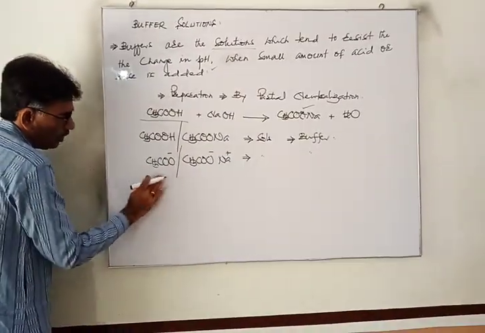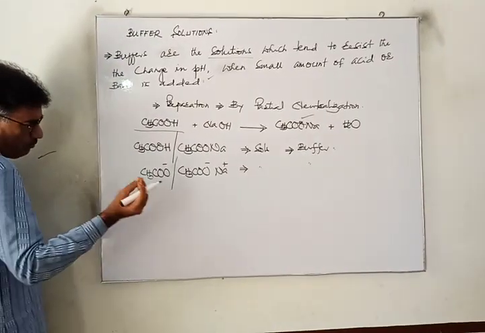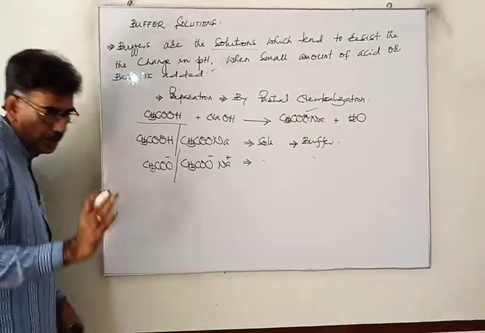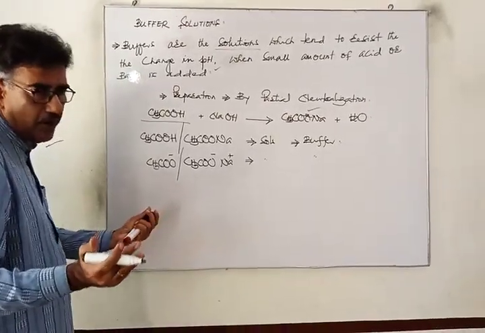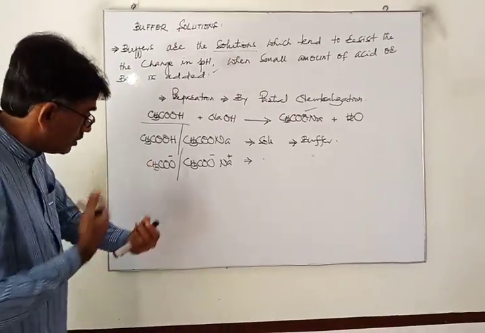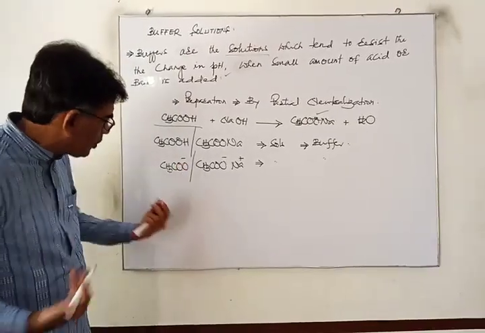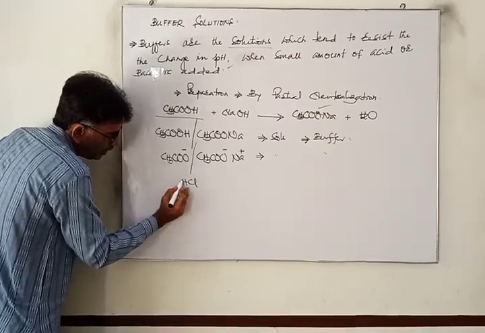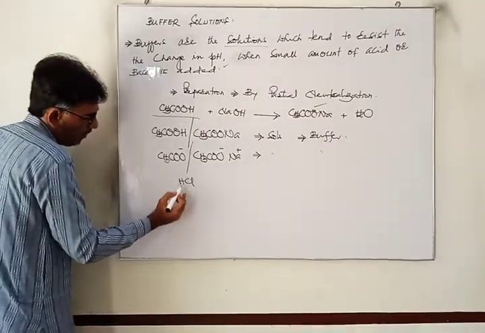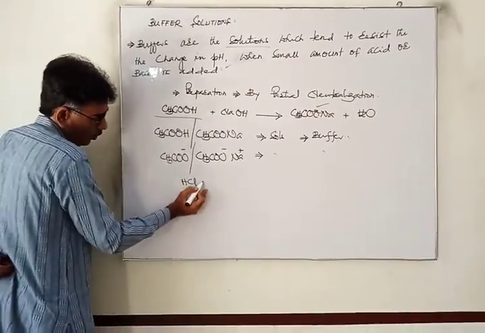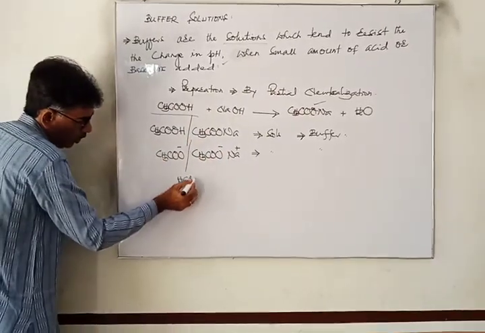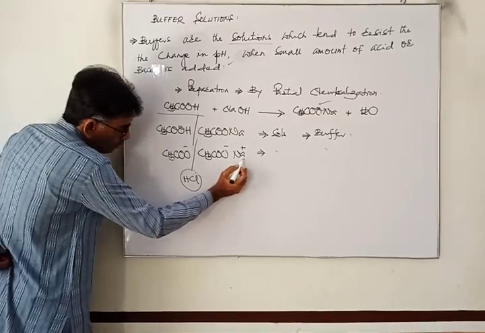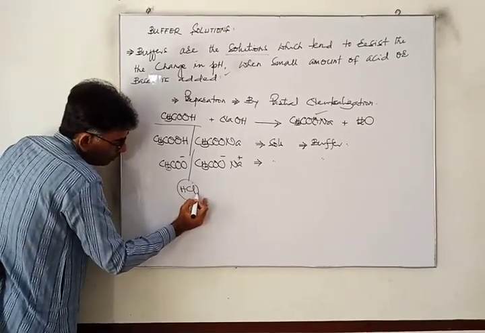Now, if you put a few drops of a strong acid, which we already added in water, then you find a sudden, big change. But when hydrochloric acid is added to this buffer, as you know the nature of hydrochloric acid is a very strong acid, what happens?